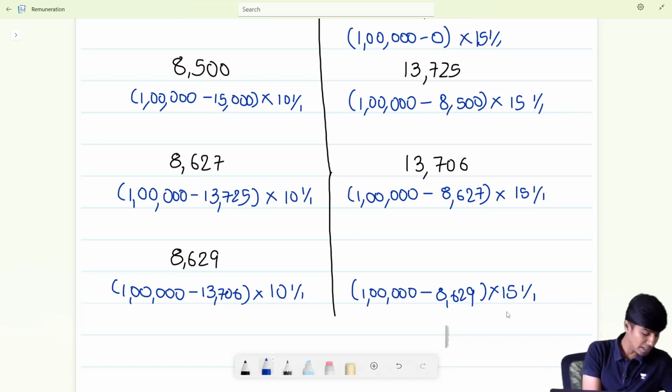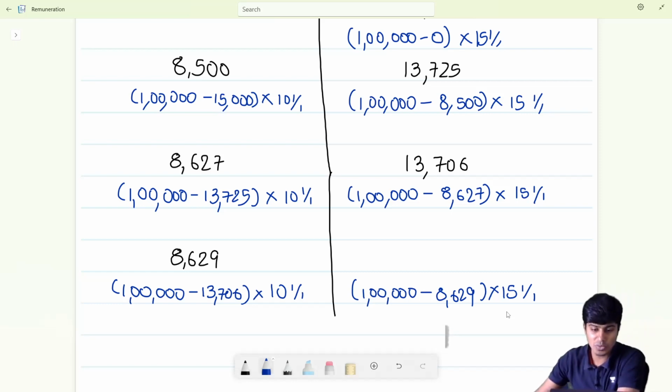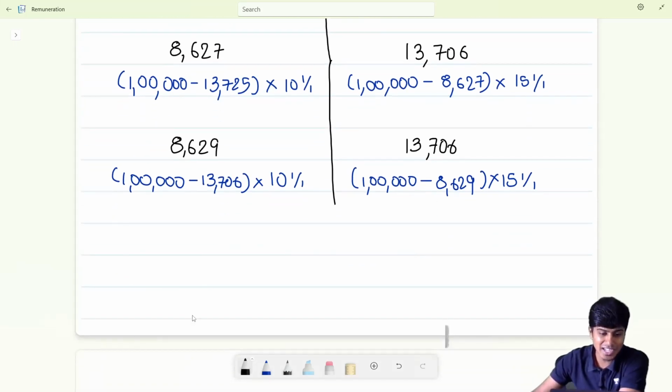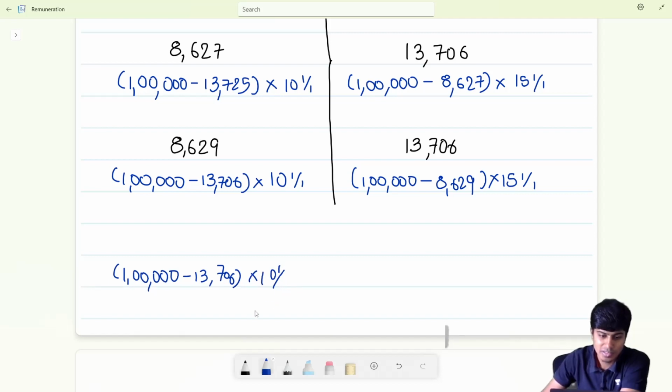1 lakh minus 8,629 multiplied by 15% gives me 13,705.65, which is 13,706 if I round it off. Oh, we got the same answer. So now if you redo this entire thing again, you take 1 lakh minus 13,706 and multiply by 10%, you are going to get the answer as 8,629 only.